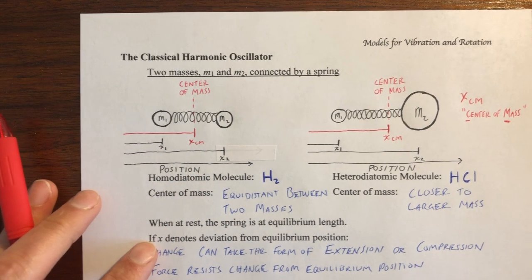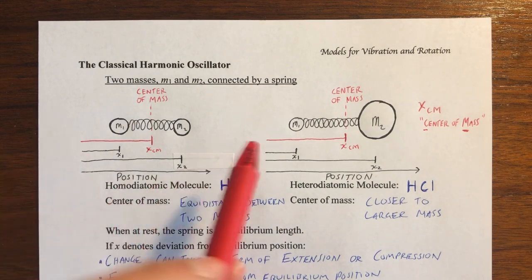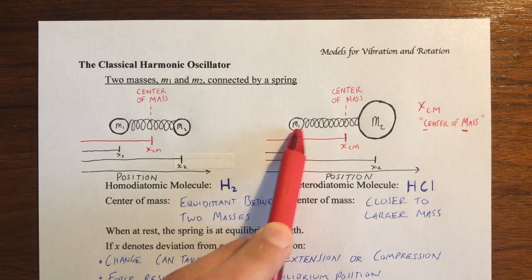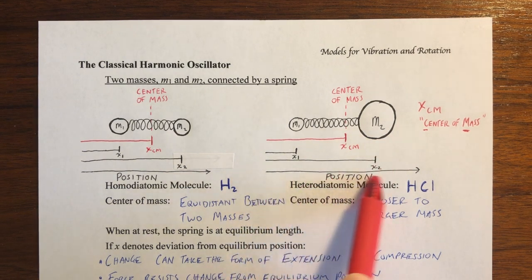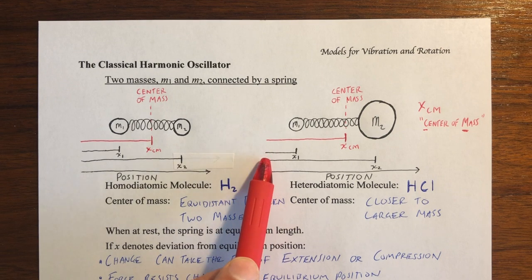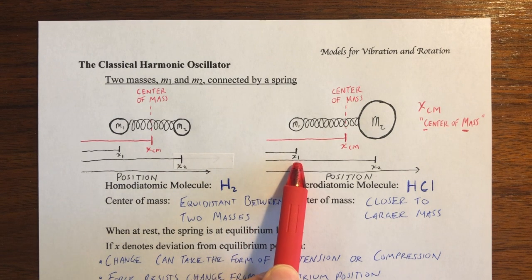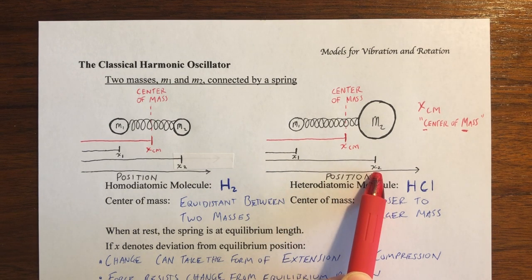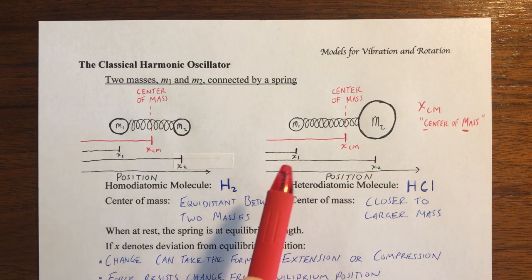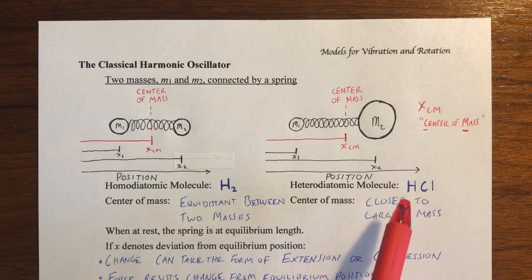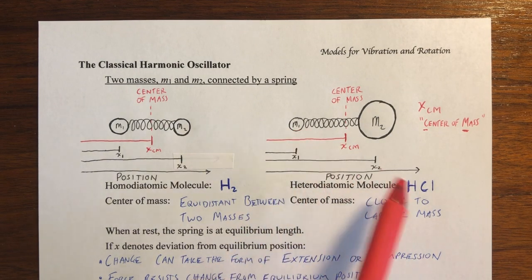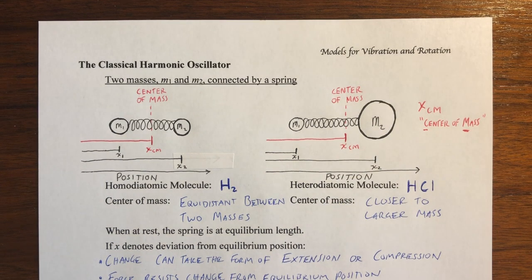In another scenario, we could have two different masses. Here we have m1 being small and m2 being rather large. So again, our x-axis is going to be position. The position of mass 1 is defined here as x1. And the position of mass 2 is defined here as x2. So for something like hydrochloric acid, HCl, this model would apply, where we have hydrogen being rather small relative to chlorine, which is a much larger atom, and it has a much greater mass.